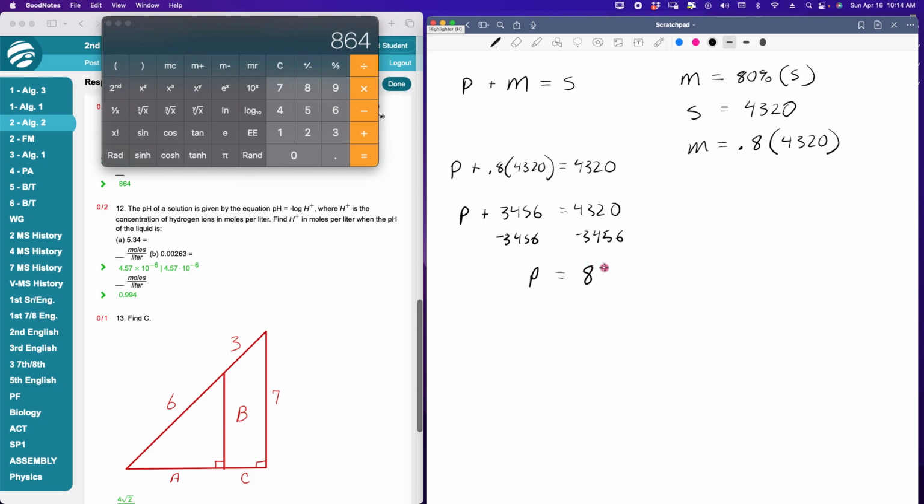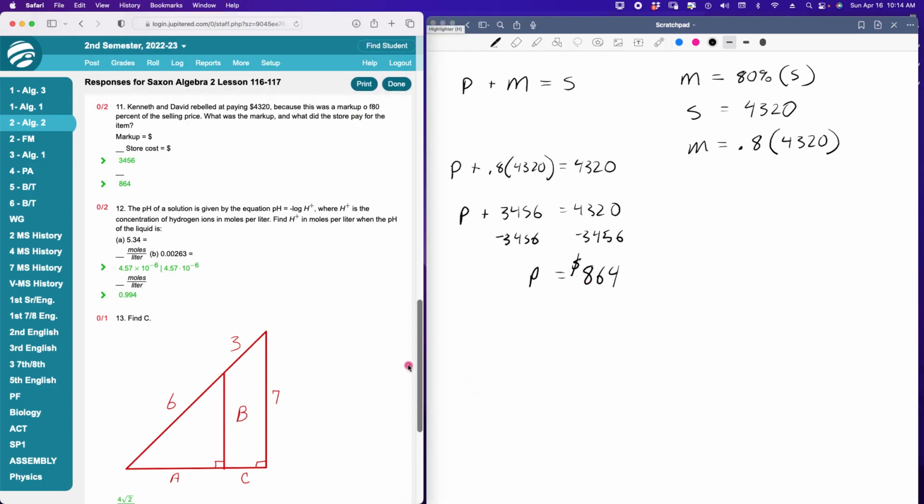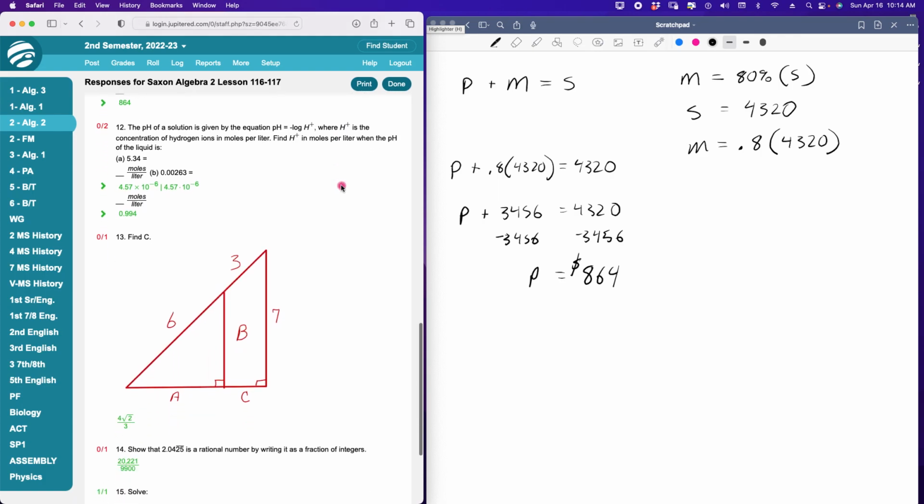I think I'd rebel at that price too if the original cost was only $8.64 and they want to sell it for $43. That's a heck of a markup. So this would be your answer, $8.64. And then the store markup was $34.56. So the question asks for that also.